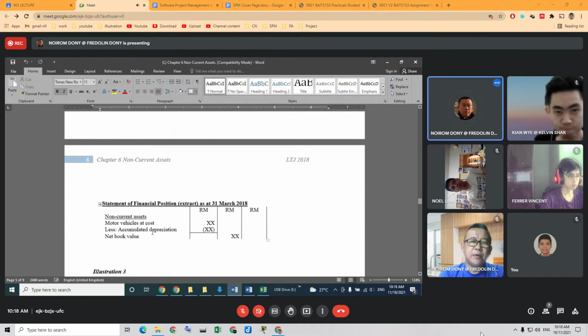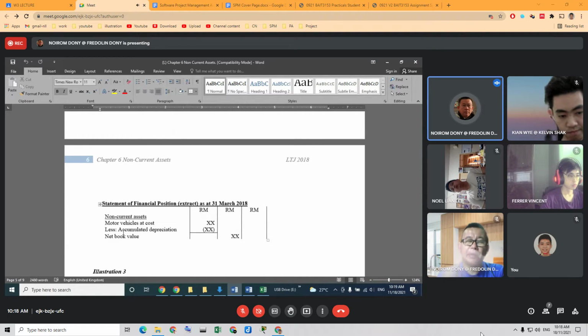Now, the logic: why is this accumulated depreciation shown as less? Like what I've said to you, accumulated depreciation uses the liability concept. Why liability? Because when we allocate the depreciation, there's no actual payment, but we must have a debit entry.